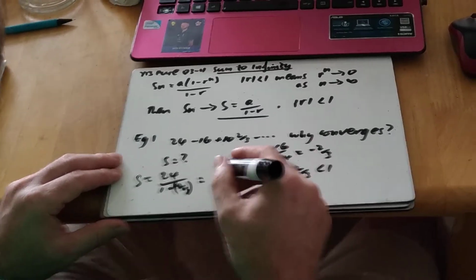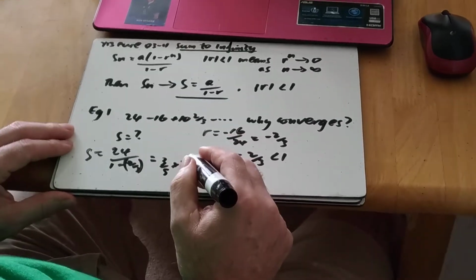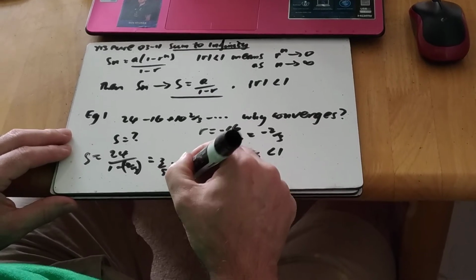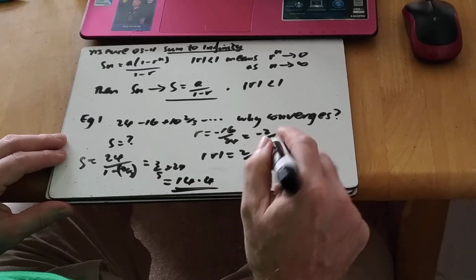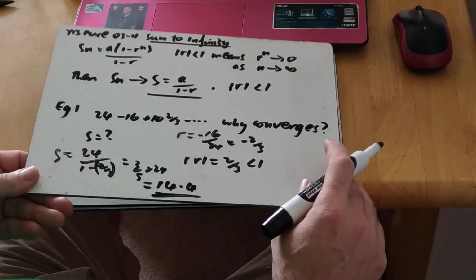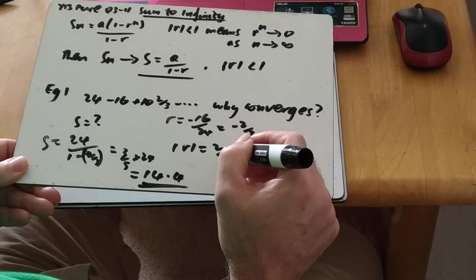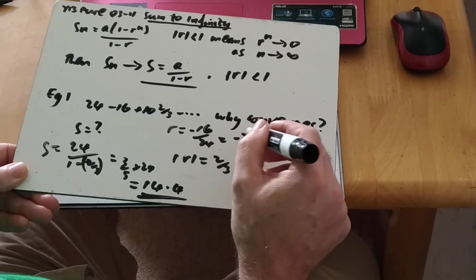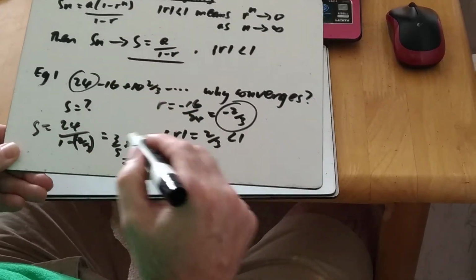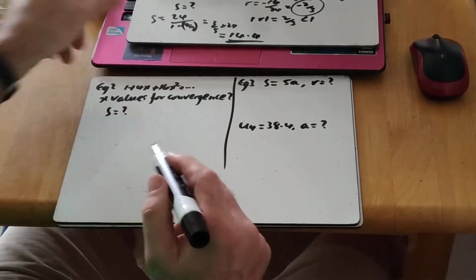So it's 24 over 5/3, or 3/5 times 24, which is going to be 7.2, 14.4. 13 was a guess, this is in the right sort of vicinity, so I'm there or thereabouts. I was looking at that for r being 2/3 when r was actually minus 2/3. Always a good idea, therefore, to get your highlighters out. Highlight your a and highlight your r.